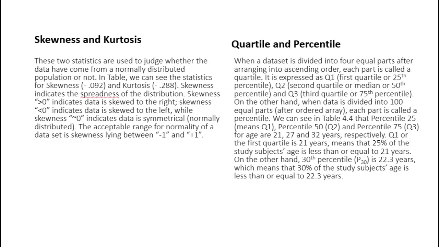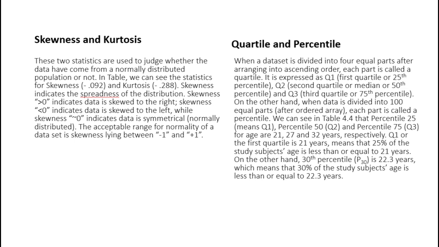Skewness and kurtosis. These two statistics are used to judge whether the data have come from a normally distributed population or not. In the table, we can see the statistics for skewness, -0.092, and kurtosis, -0.288. Skewness indicates the spreadness of the distribution.